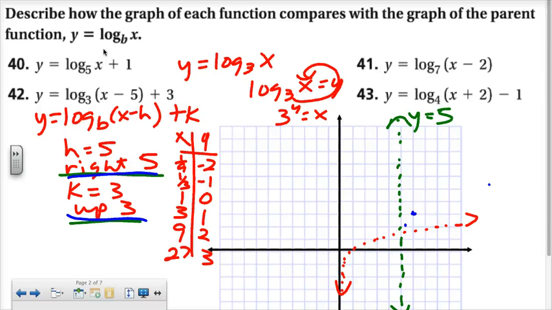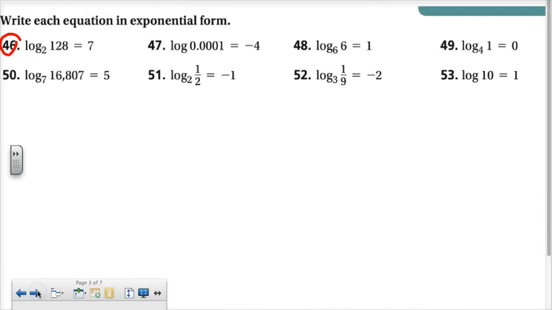Like so. And there it is. And again, we definitely can do domain and range here. Domain is the x's are greater than 5, and then we have a range of all real numbers. So that's the reason we wanted you to graph these so you can get a feel for domain and range.